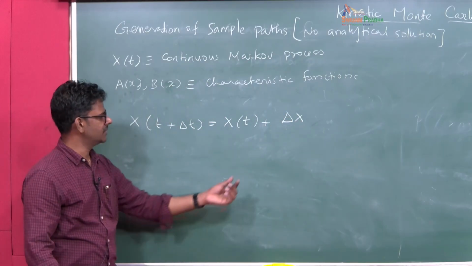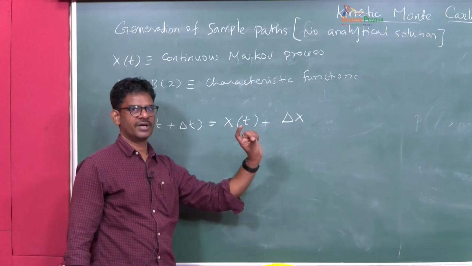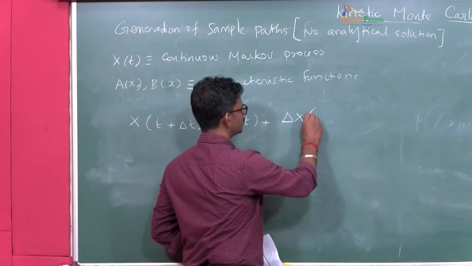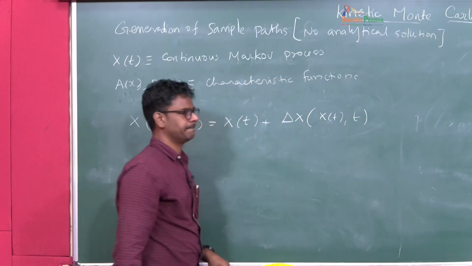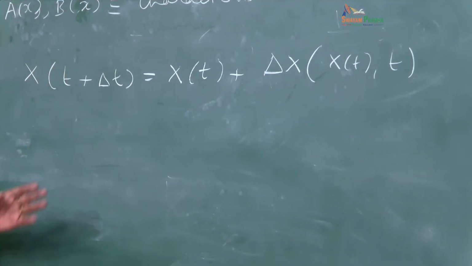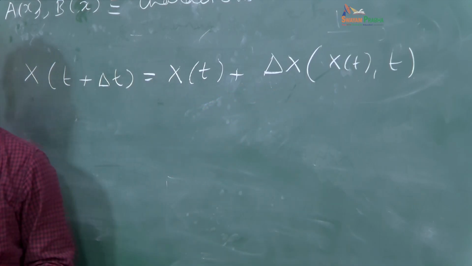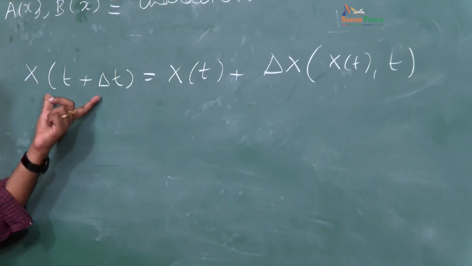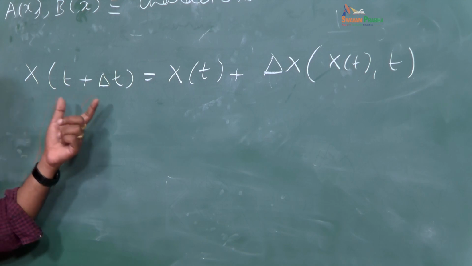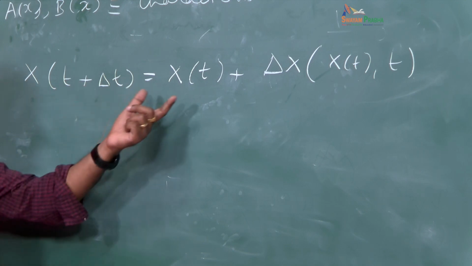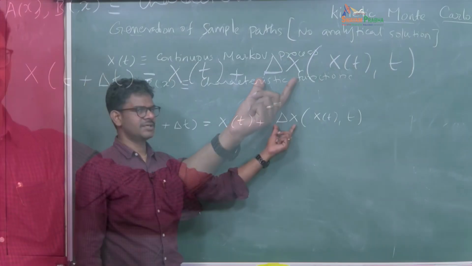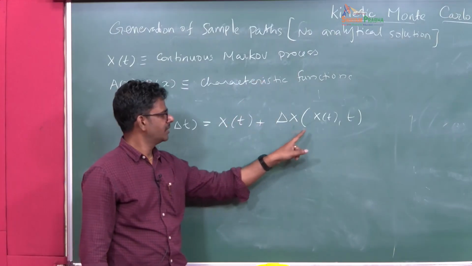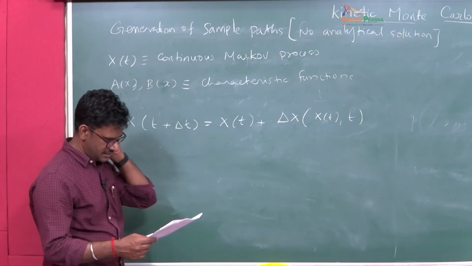This displacement is a change in x over a time delta t, and this can be a function of the current x of t and time t. So, you can see that we are trying to write a simple discretization formula, to update the value of x at time t plus delta t from the information of x at time t plus some displacement that can happen over a time delta t.